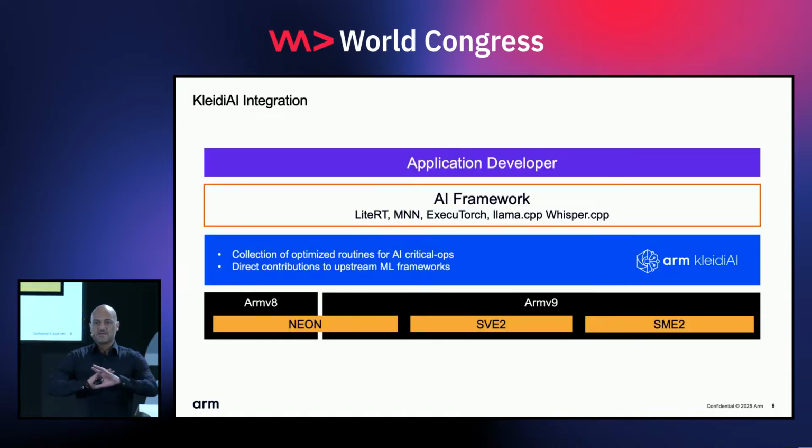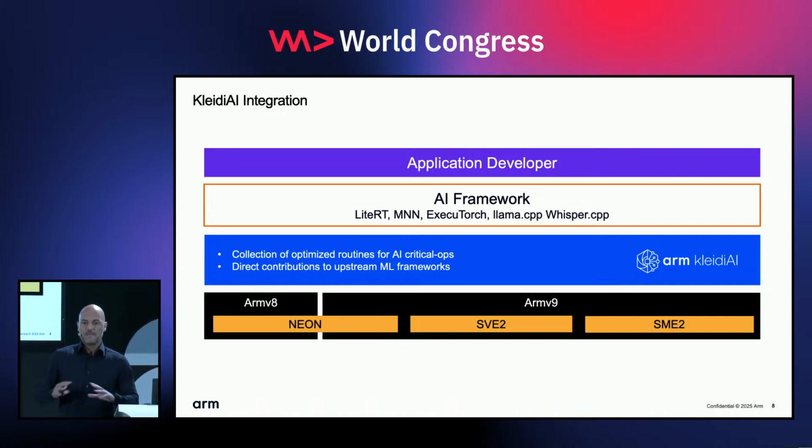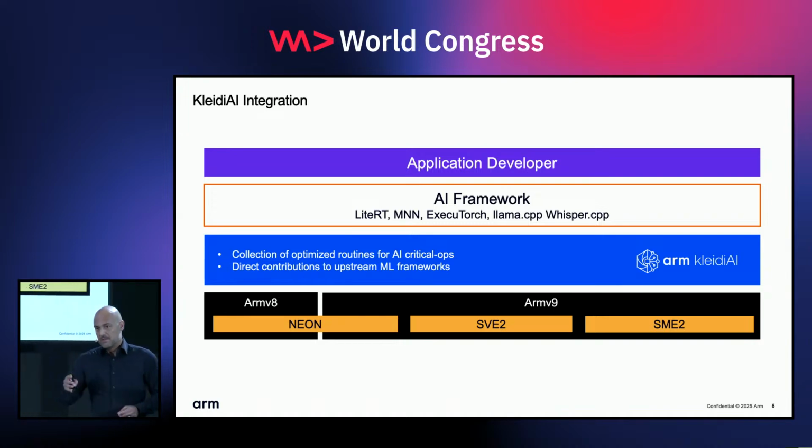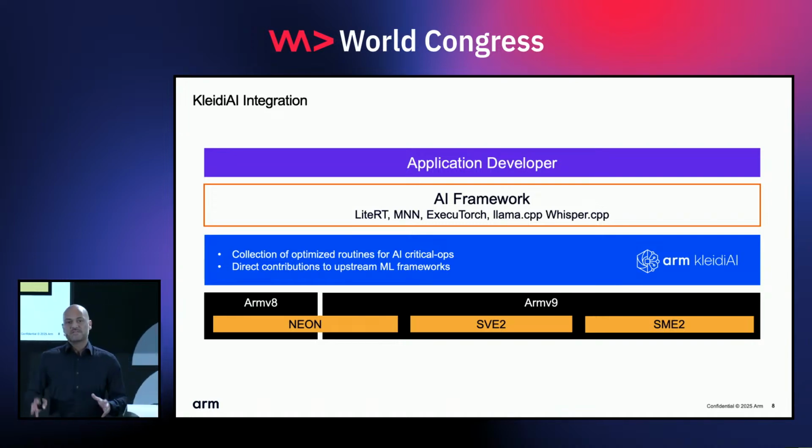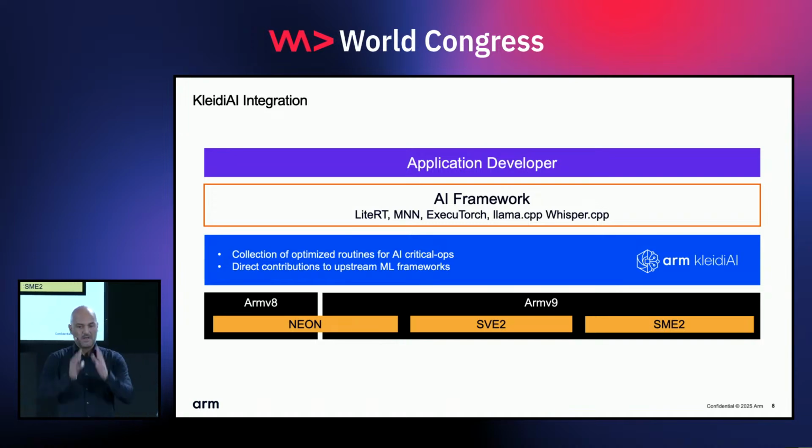And this is the vision. So we have our application developer, and they have to decide which framework to use. And they have many options, as you have seen before, right? Once they have decided, these must run well on Arm. How? Through the Arm KleidiAI library.